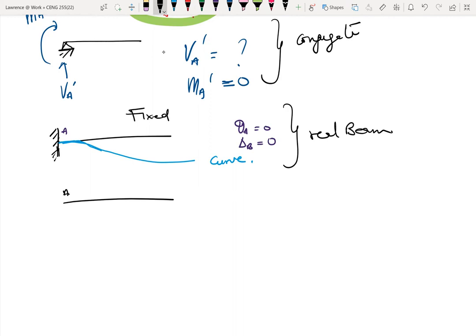Because if there's no support, then pretty much all the reactions at that point should be 0. So here too, our shear VA prime will be 0, and MA prime would also be 0. And then these two we can relate.